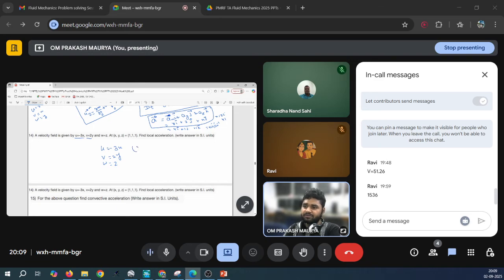X, y, z value is given 1, 1, 1. Find the local acceleration. Here you need to find out the local acceleration. So please just try to calculate. I am going for a 5-minute break.